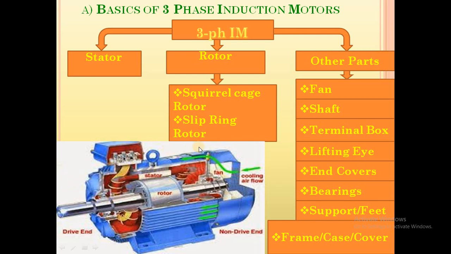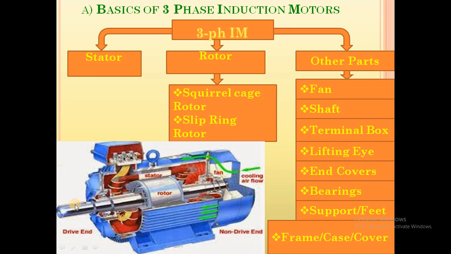Here I have taken one image where we can see a few parts. Here the red winding is shown, that is the stator. Here is the rotor; in this diagram a squirrel cage rotor is shown. The next is the shaft, and the shaft has two ends, drive end and non-drive end.